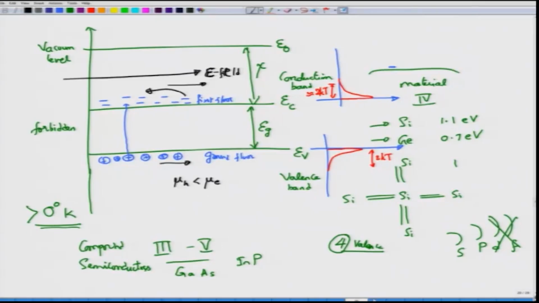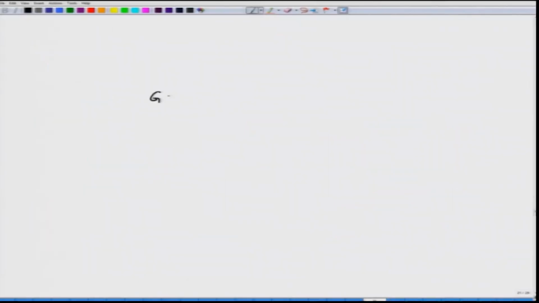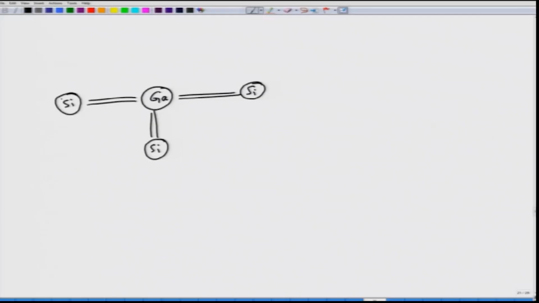But now imagine that in this material we actually replace one of the atoms by say a group 3 element. A group 3 element will have 3 valence electrons. So, it will bond with 3 silicon atoms, but silicon bonds with 4 of them, of which only 3 are being supplied by the gallium ion, the group 3 element, which we have considered as an example.